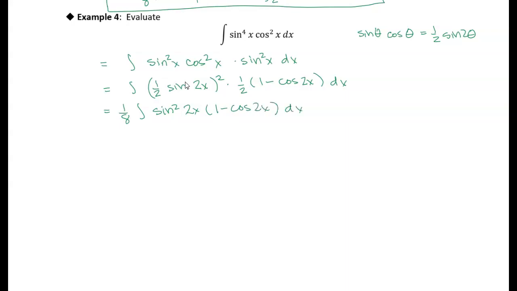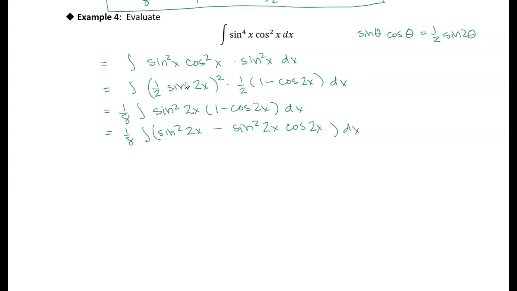And I'm going to distribute that sine squared. So I get 1/8 integral of sine squared of 2x minus sine squared of 2x cosine of 2x, that whole thing dx.